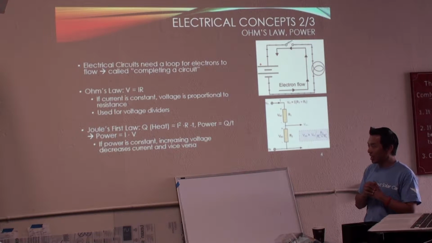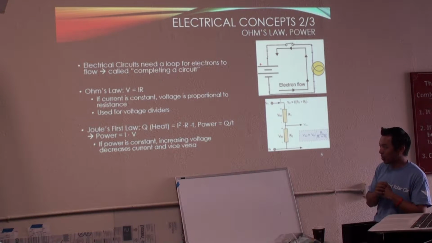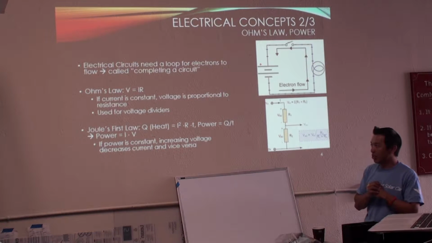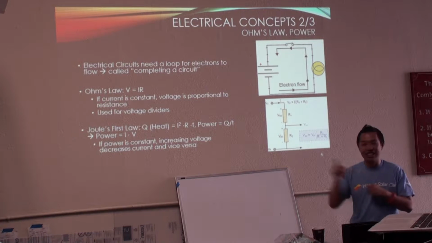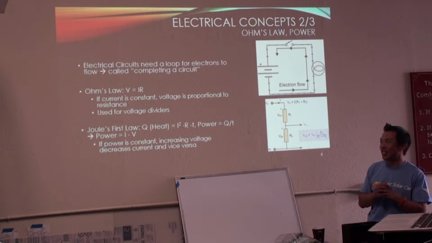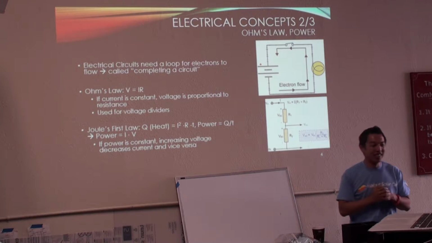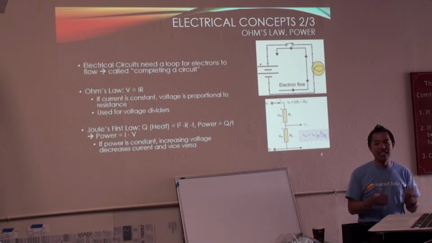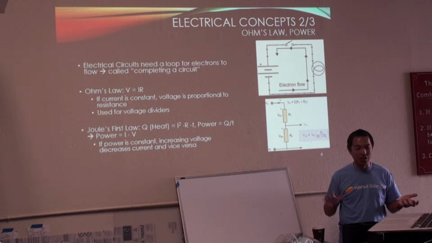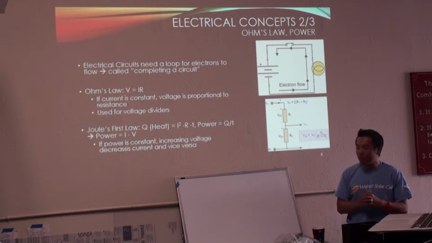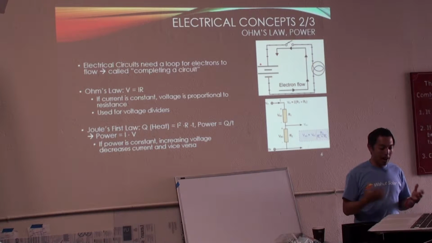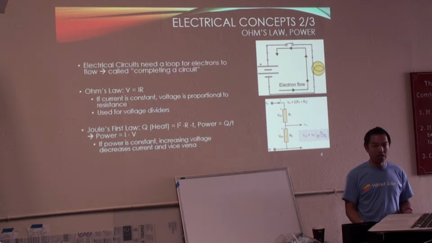The other thing is called Joule's first law, Q equals I squared RT. No one actually uses Q equals I squared RT. They just convert it to power, because we don't really care about heat, although I'll talk a little bit about heat. But the idea is power is current times voltage.